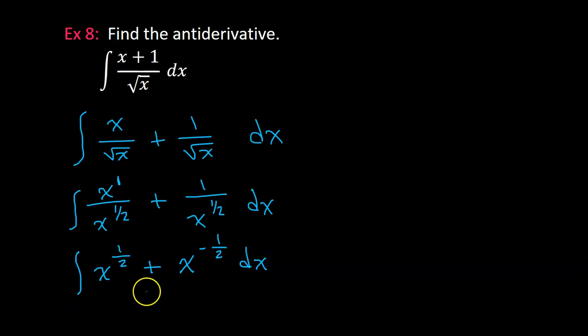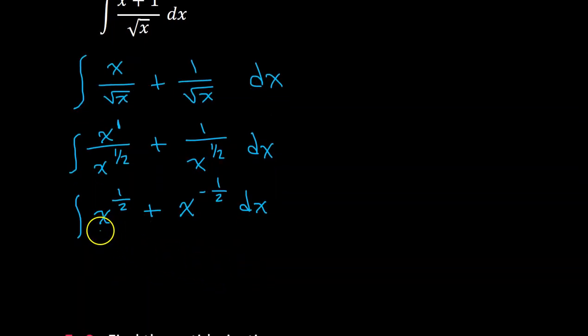So when you integrate and you have a sum, you can find the integral of each term separately. So for the integral of x to the 1/2 power, we're just going to use the integration power rule, where we add 1 to this exponent. So 1/2 plus 1 is 3 over 2.